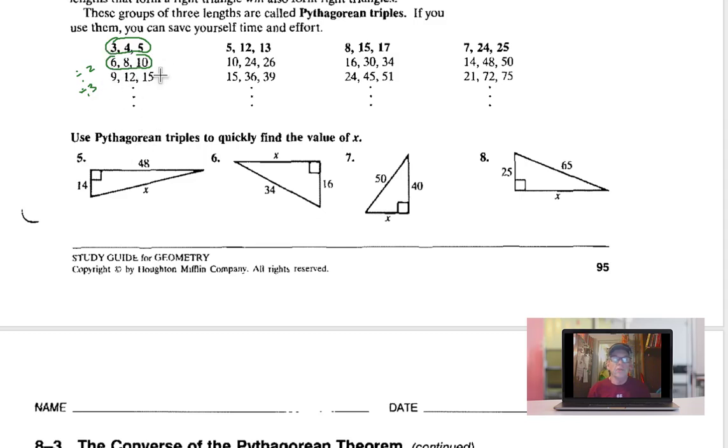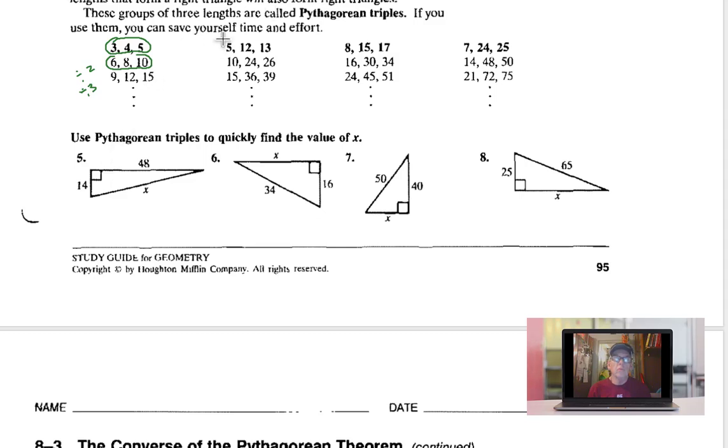So let's say you have 9 and 12 and you saw that pattern, and you realize that that's the same thing as a 3 and a 4 when you take the 3 out of both of those. So the 5 is the one that's missing. 3 times 5 gives you the 15.